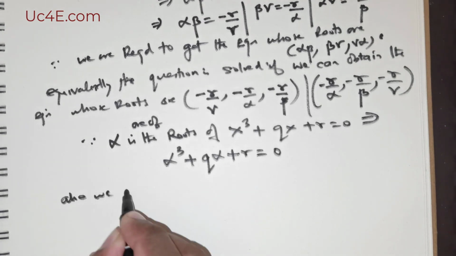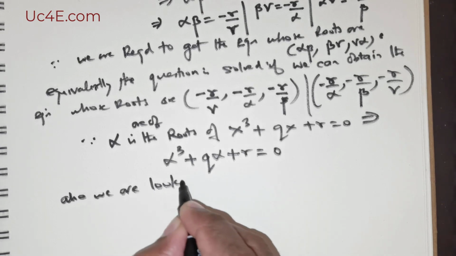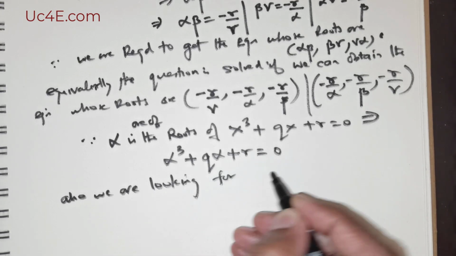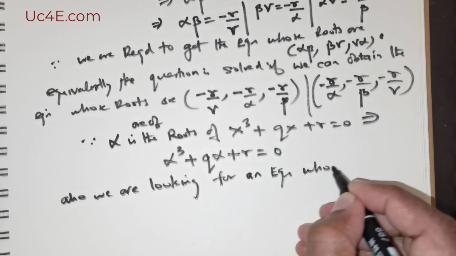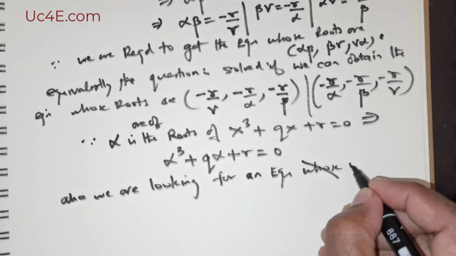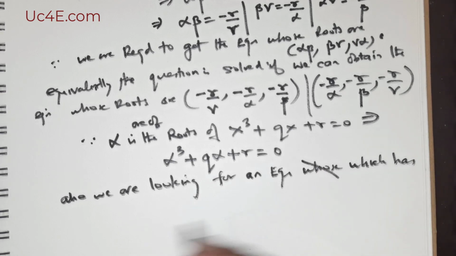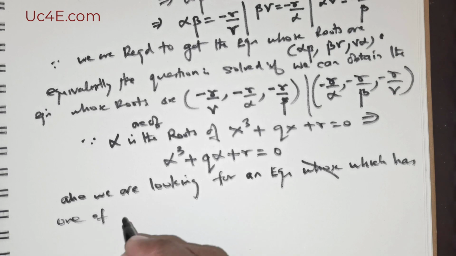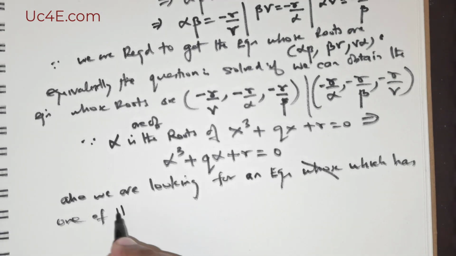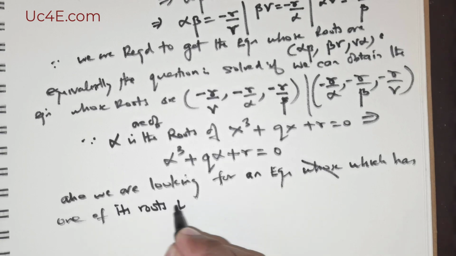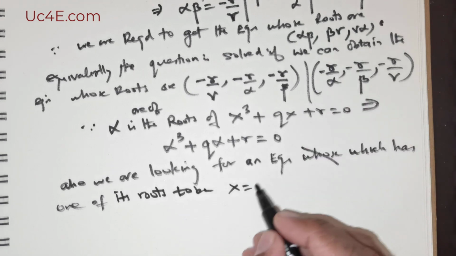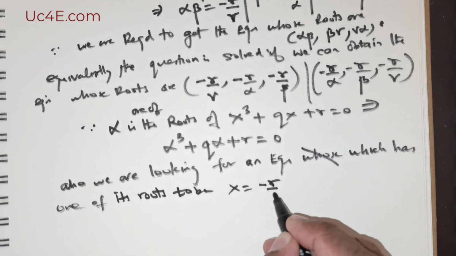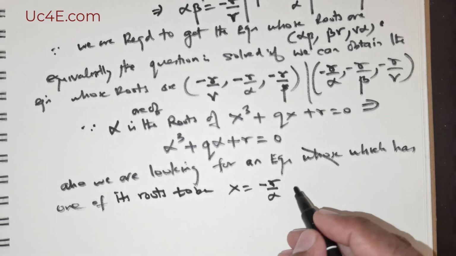Also, we are looking for an equation which has one of its roots to be x equal to negative r over alpha, right?